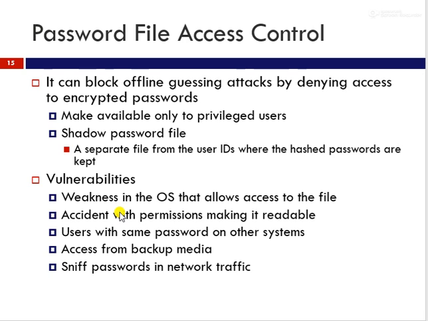So there is some vulnerability in the operating system that can be exploited by the attacker to gain access to the password file. Or an accident with permission making it readable, like you store your password file with permissions that make it accessible or readable to others.